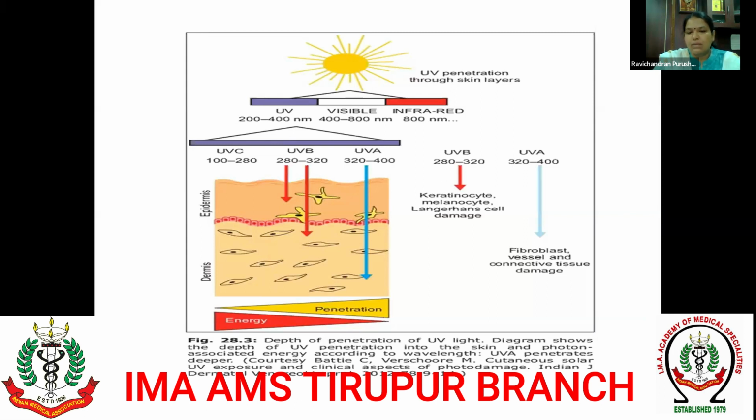UVB mostly affects the epidermal layer, where the keratinocytes, melanocytes, and Langerhans cells play a role, so these cells are affected. When UVA reaches the dermis, the fibroblasts, blood vessels, and connective tissue are affected.